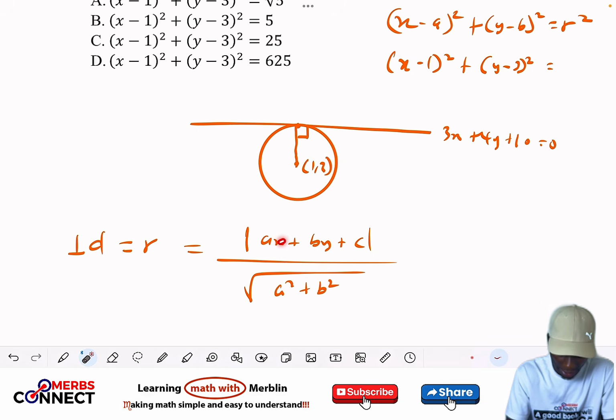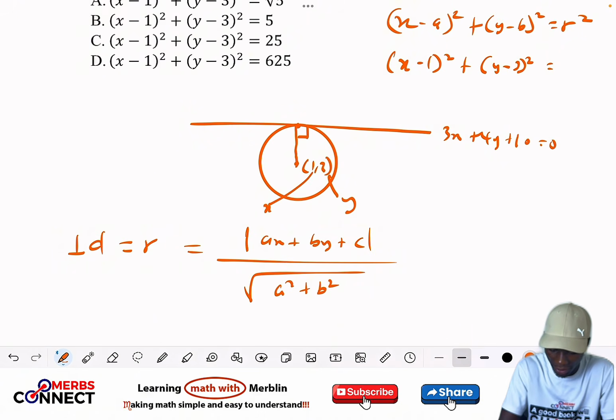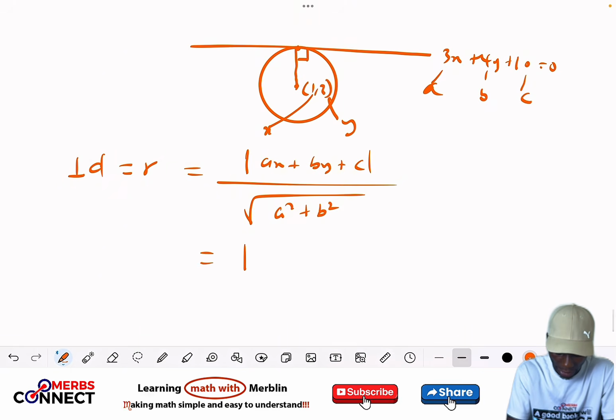So what is the x and y? The x and y is the coordinates of the center. And then a, b is the one in front of this. So this is A, this is B, and this is C. So let's do substitution: absolute of 3 times 1 plus 4 times 3 plus 10.